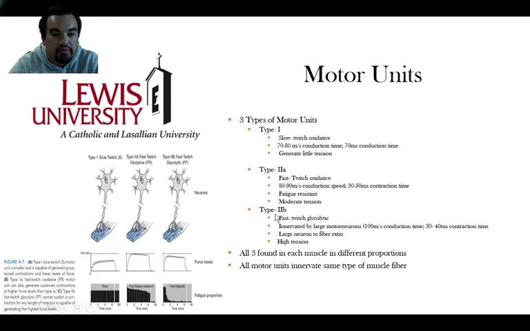But then we have our type 2B muscle fibers, which are fast twitch glycolytic. So they use glycogen as their main energy source. They're innervated by motor neurons, and it has a conduction time of about 100 meters per second. So this bad boy is moving pretty quick. And once again, we're at about 30 to 40 milliseconds for the contraction time. So it happens quite quickly.